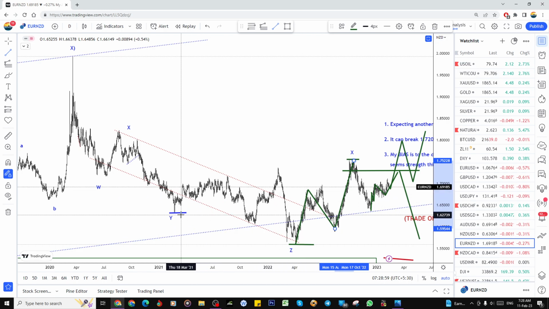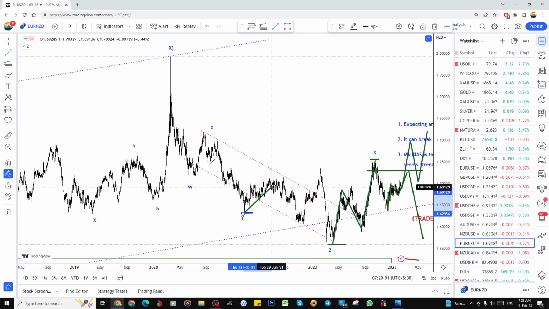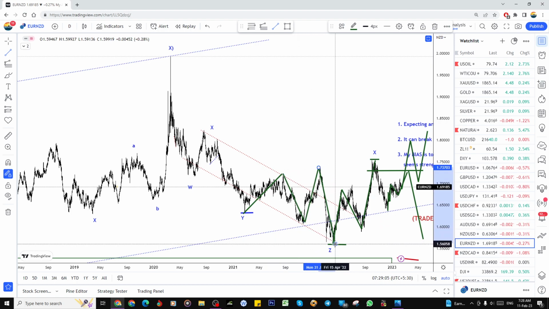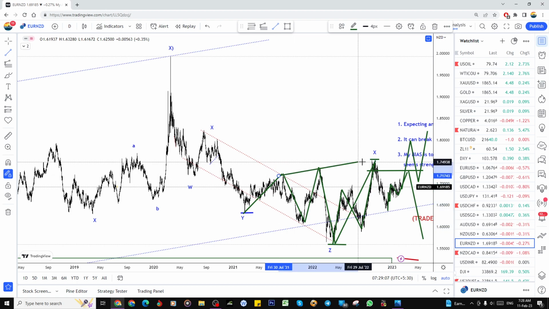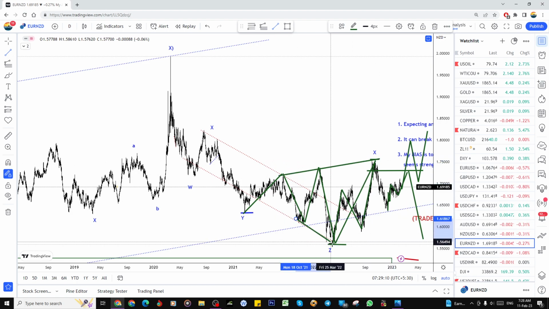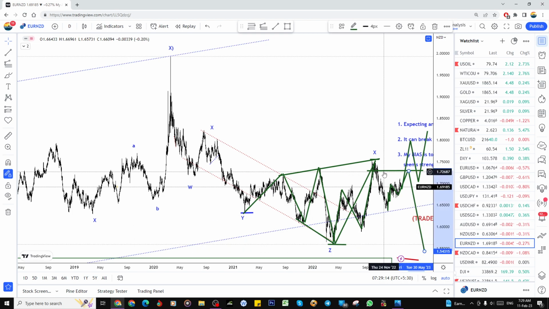What I thought previously, from here it's B, C, D and E. So this could be an expanded triangle, and I'm looking for this one. So either this way, or this could be the bigger correction also.